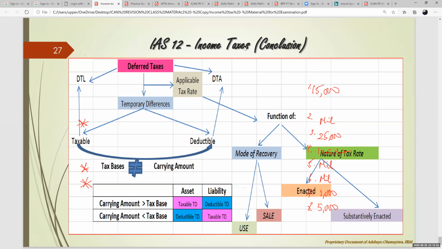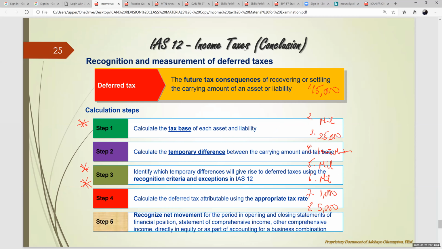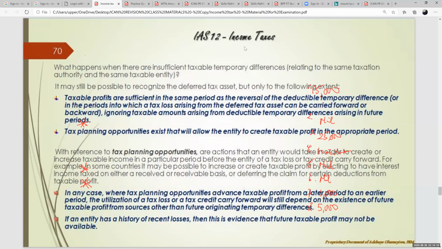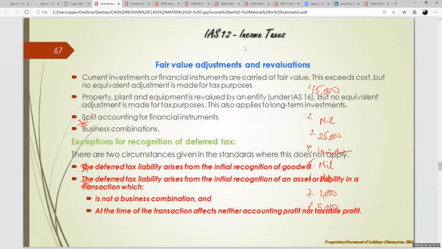The only other aspect I wanted to look at is limitation of recognition of deferred tax assets. Now, this is the last one to look at: exceptions for the recognition of deferred tax assets.